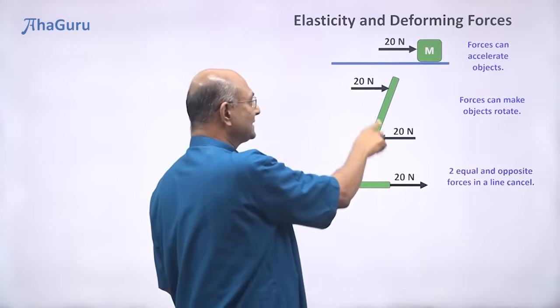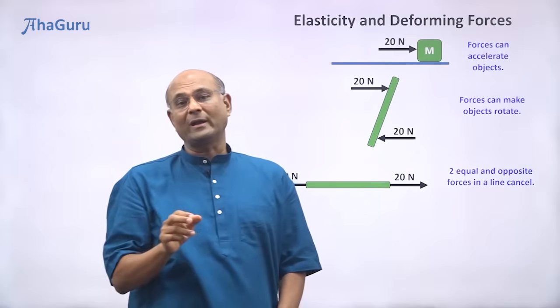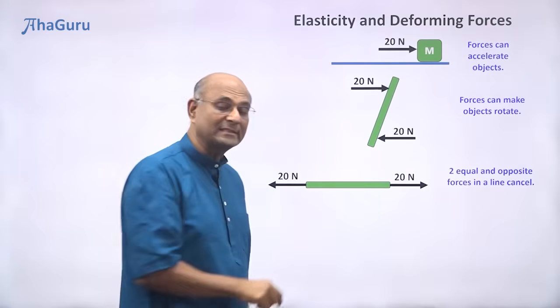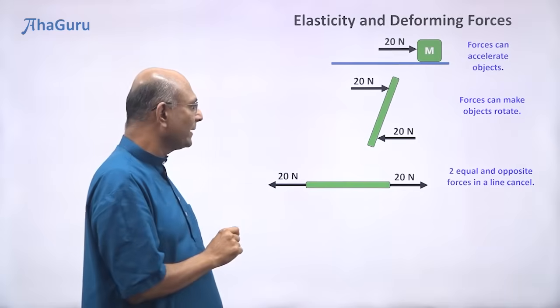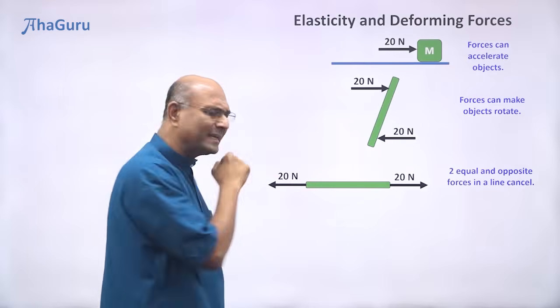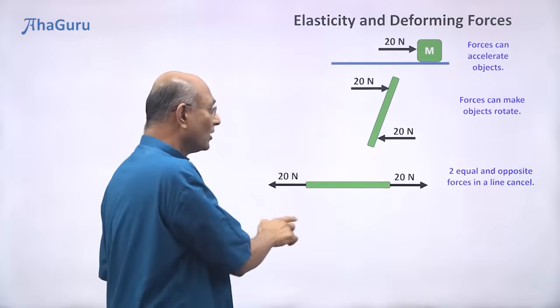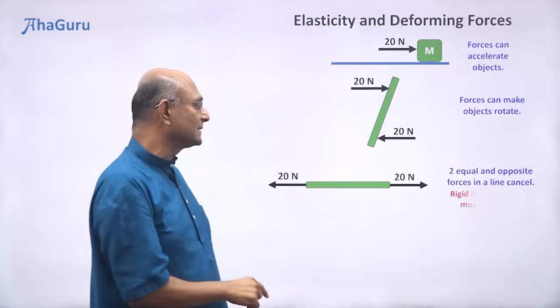There also we can say forces cancel as far as movement or acceleration is concerned, whereas in this case, the forces cancel for both rotation as well as for linear motion. Now, why do we say that the forces cancel? Does it mean that there is no effect at all? No. They cancel as far as rotation and motion is concerned.